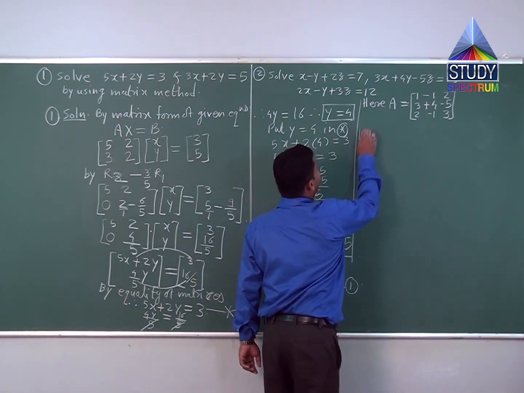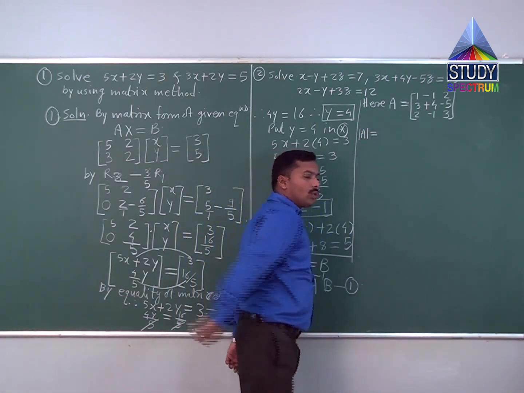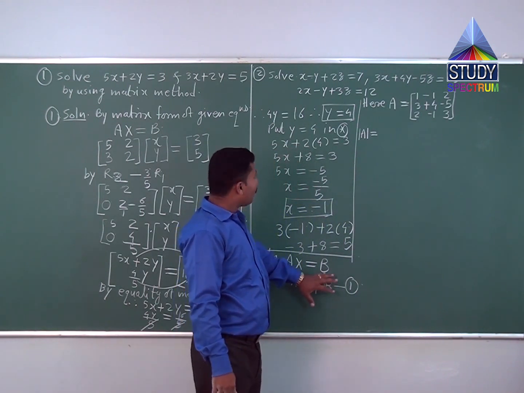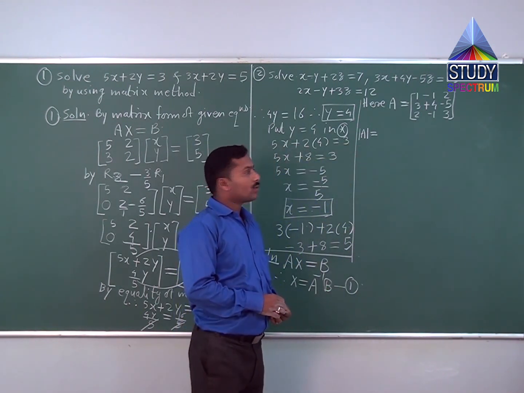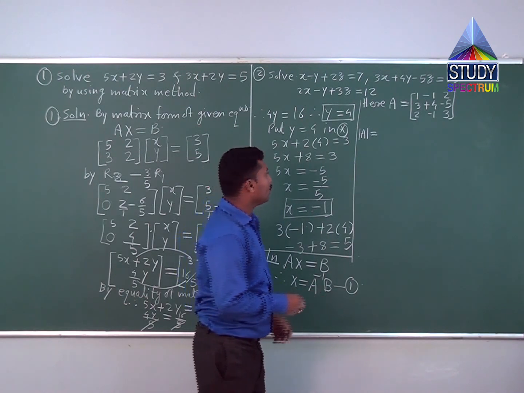If the determinant of A is not equal to 0, then this matrix has an inverse, otherwise it has no inverse.